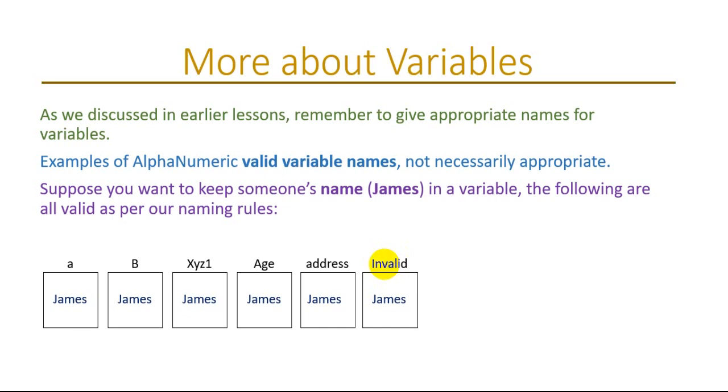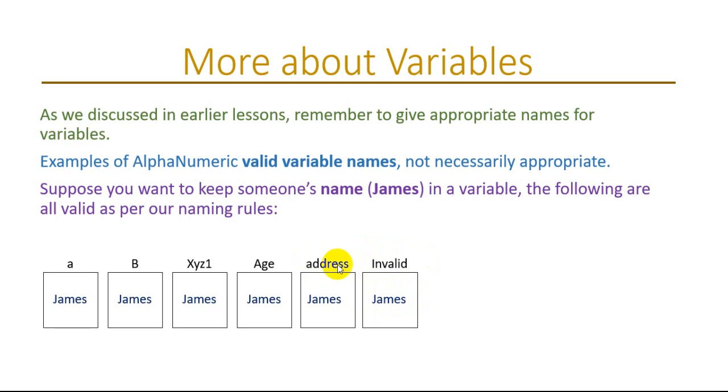If it is a reserved word, remember, like I told you earlier, reserved words also cannot be used. So in our situation, we are ignoring the reserved words. We don't have a particular language. We are going to do this in general terms. Because of that, the word invalid is a valid alphanumeric variable, and we are having James inside that, and therefore this variable is an alphanumeric valid variable.